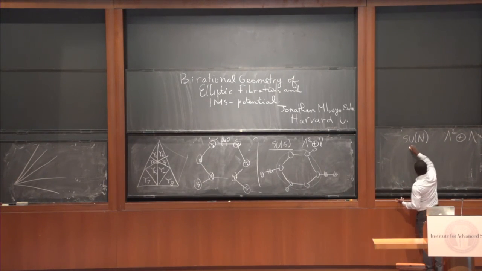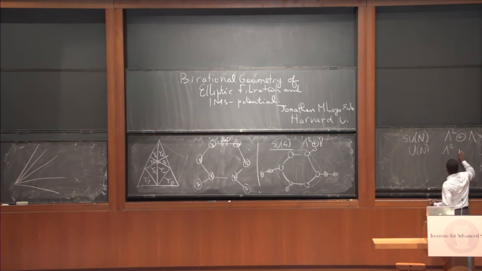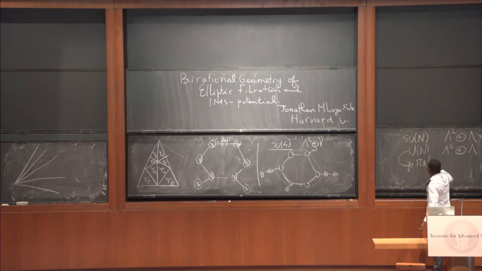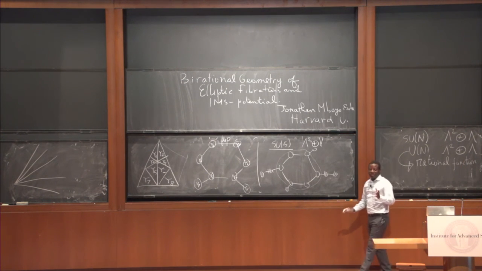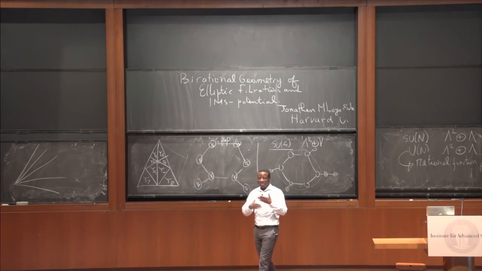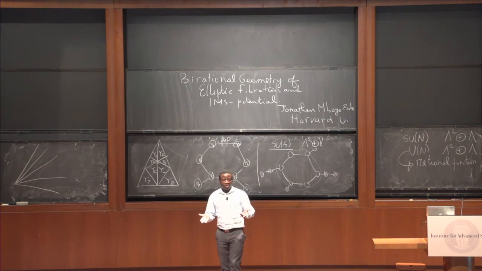So you can think of a simpler theory, which is just like UN, with exactly the same representation. And for this case, you can even show that the prediction could be expressed as a rational function. So rational functions are the simplest function you can think of because they are just the ratio of polynomials.